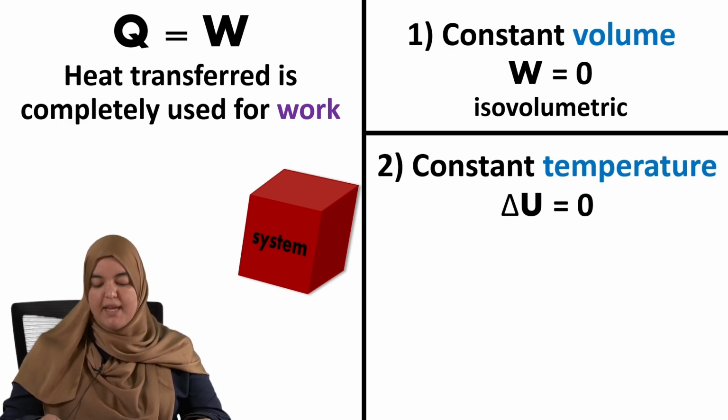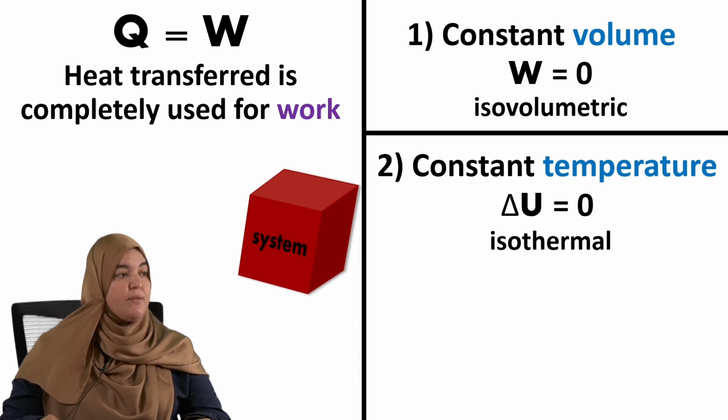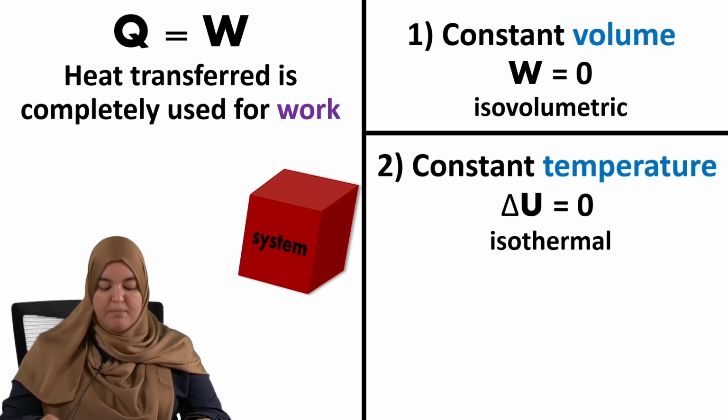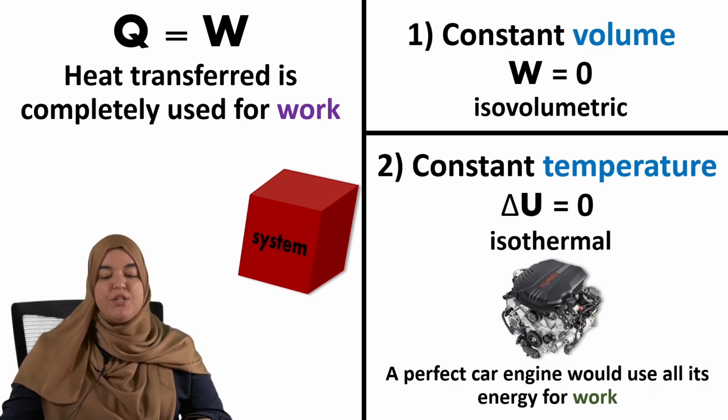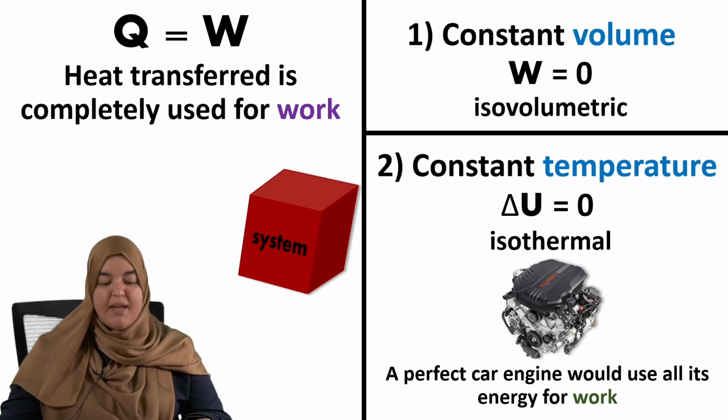This is called an isothermal process, meaning no change in temperature. An ideal version of a car engine would be an example of this, as the pistons convert all the heat energy from the combustion reaction directly into expansion work that moves the car.